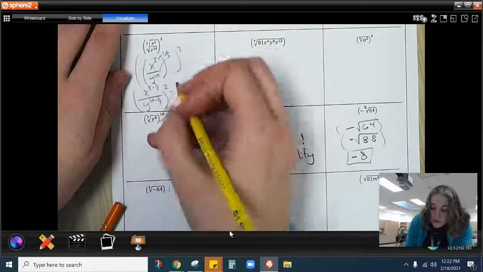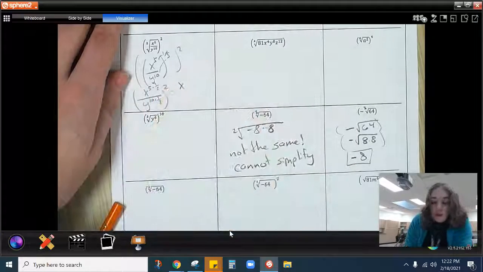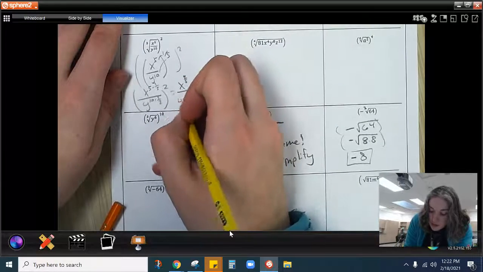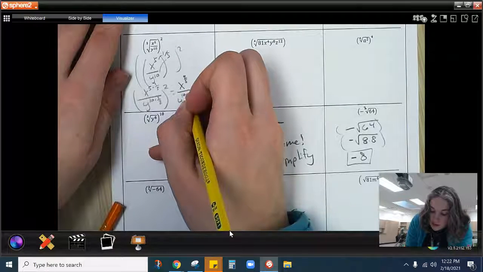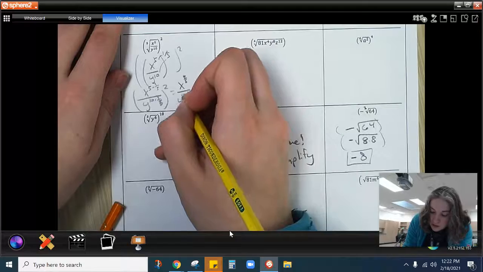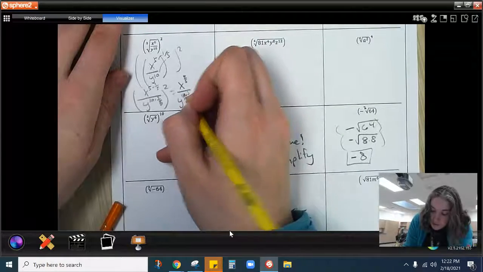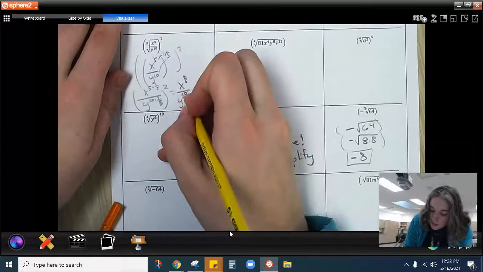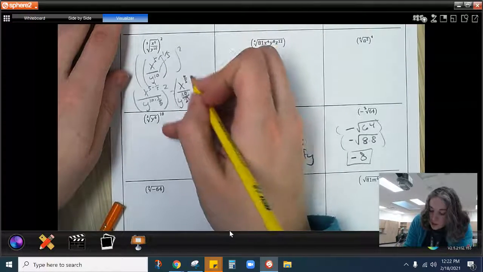Well, x to the 5 times 1/5 is really just x, right? Because it's 5 divided by 5. So that's 1. And then y to the 10 times 1/5 is really 10 over 5. Sorry, that's hard to read. My pencil's not liking me writing small. And then that's all being squared.